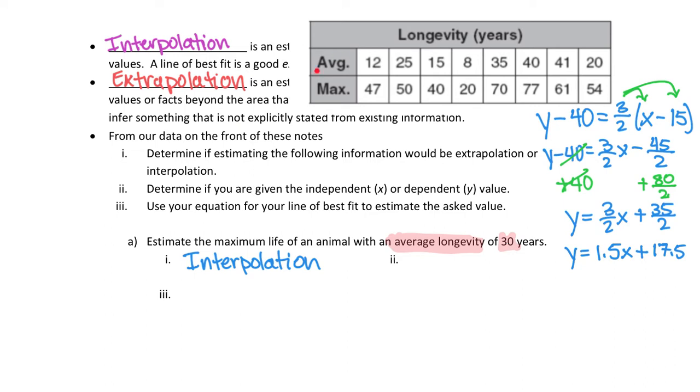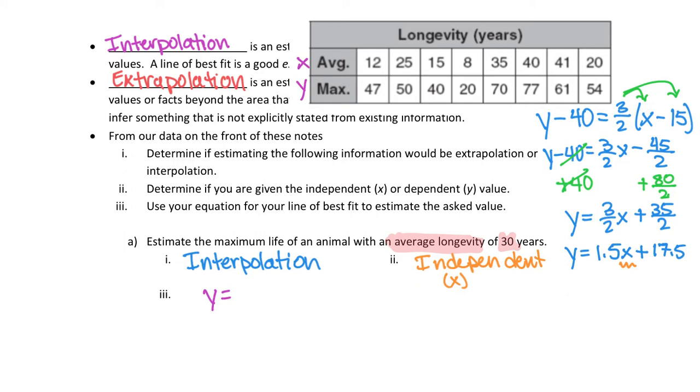Next, remember when we graphed this, we graphed the average on the x-axis. So the next question asks, determine if you're given the independent or the dependent value. And we're given the independent value. And finally, it says to use your equation for your line of best fit to estimate the asked value. So since this was the independent variable, which means it's the x variable, we're going to make this x our 30 and simplify and solve.